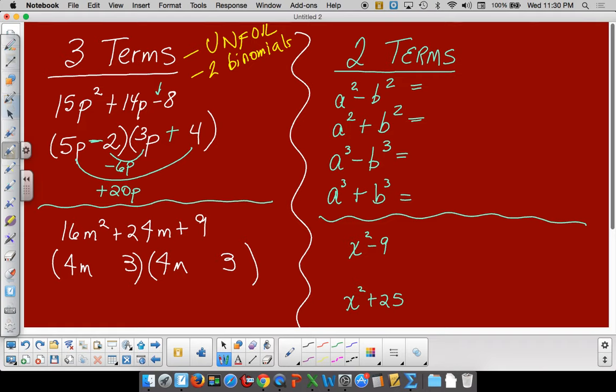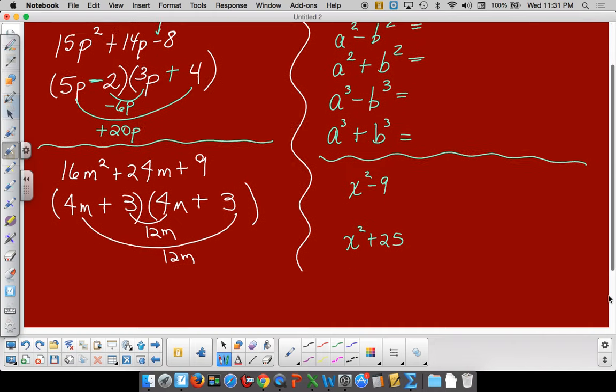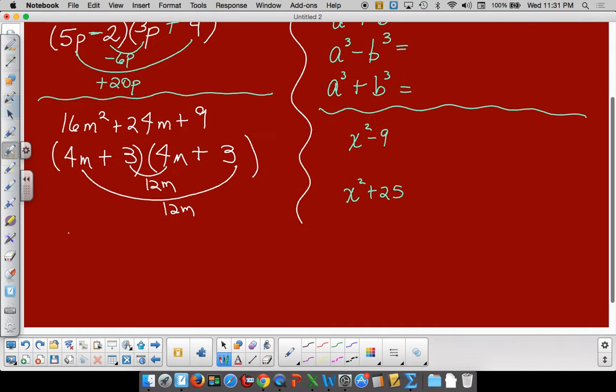Since the entire problem is plus signs, I know I have to be using pluses. Now check your outers and your inners. Outers make 12m, inners make 12m. Is that going to add up to be 24m in the middle? You bet. So in reality, instead of writing it as 4m plus 3 and 4m plus 3, that's really the same thing as just saying I got 4m plus 3 squared. That was a squared binomial.